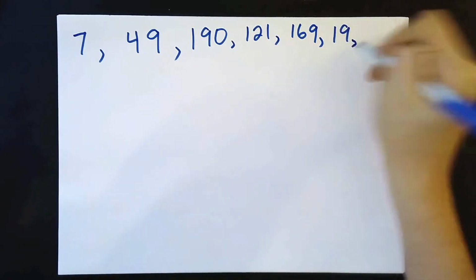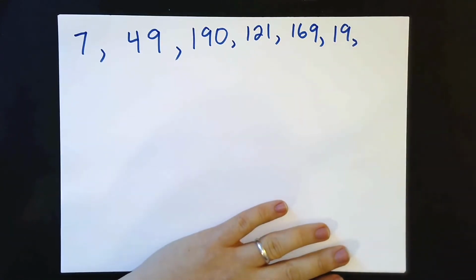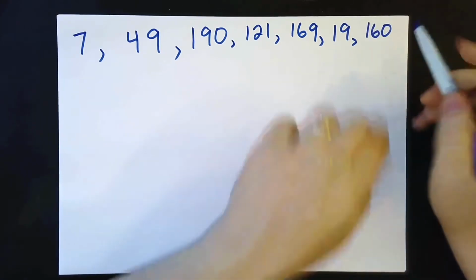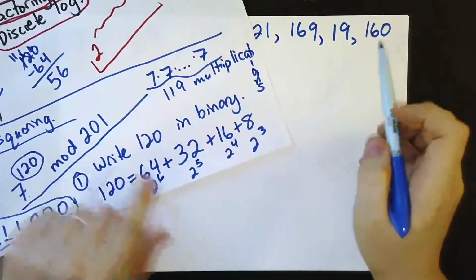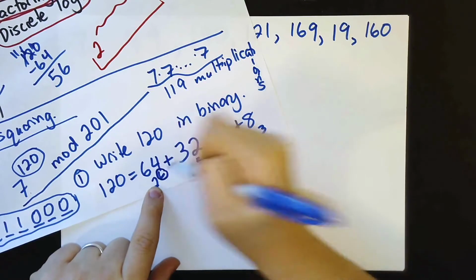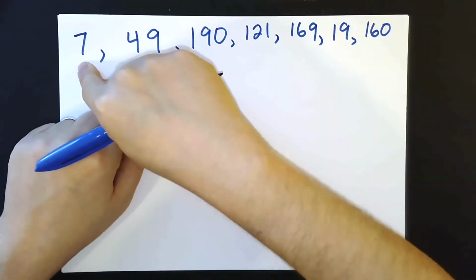And finally, I calculate 19 squared mod 201, and that gives me 160. How do I know this was my right place to stop? I know that's my right place to stop because the highest power of 2 that I used in my binary expansion was 2 to the 6th. So I need a total of 6 squarings of 7.